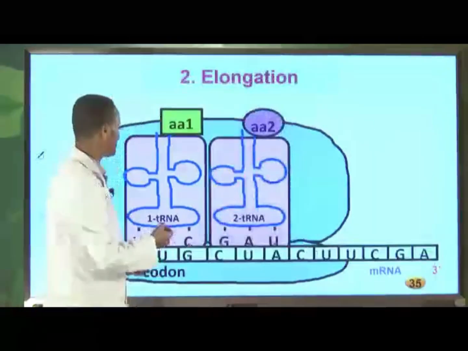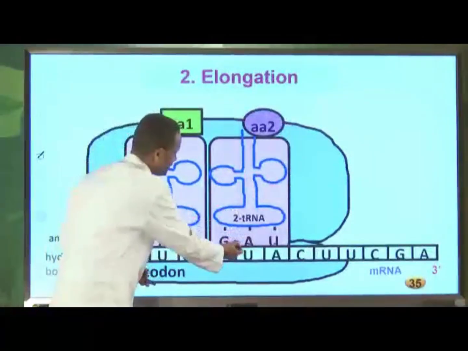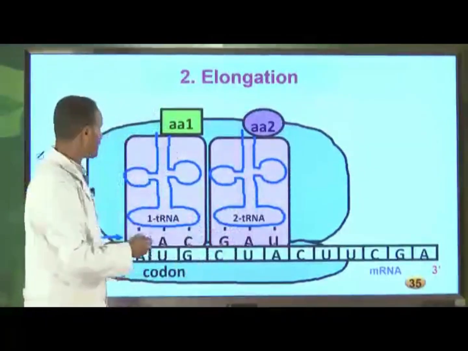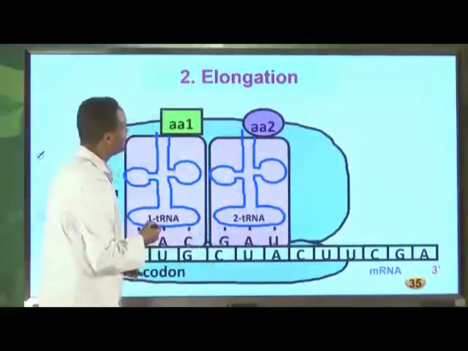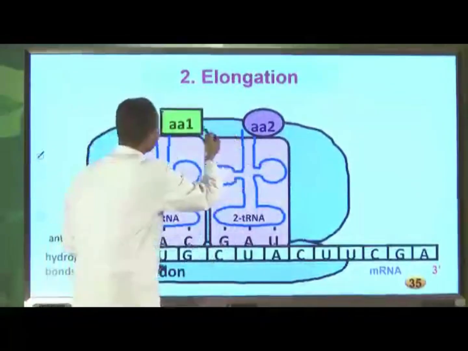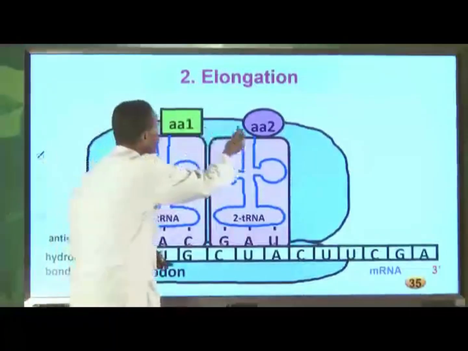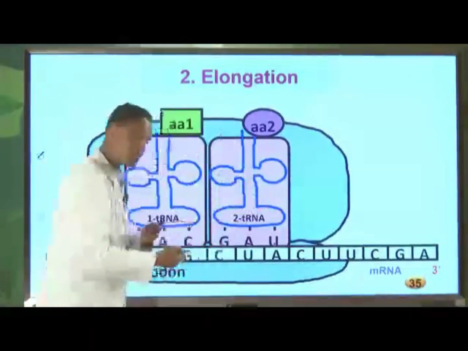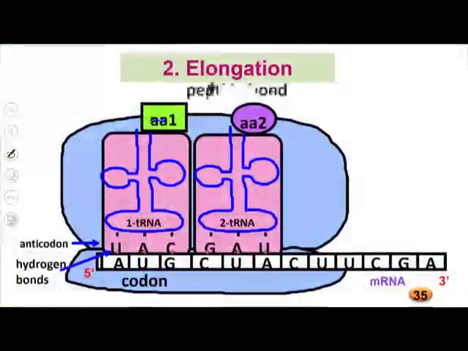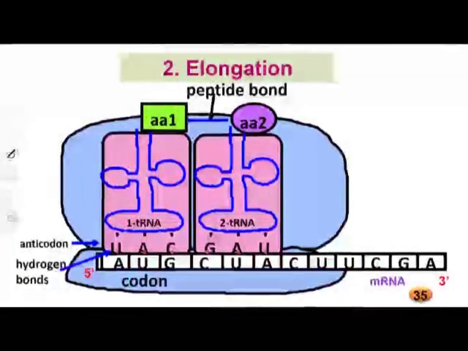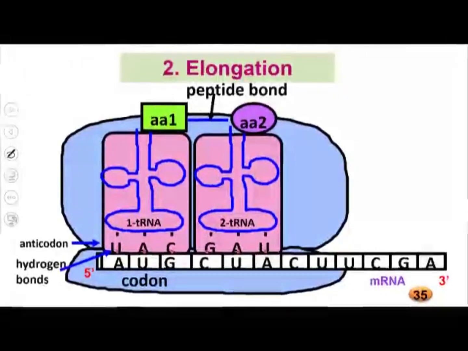Then the second amino acid enters the ribosome. Now, these two amino acids have to be bonded together. Look, the first amino acid is bonded with the second amino acid by a peptide bond.